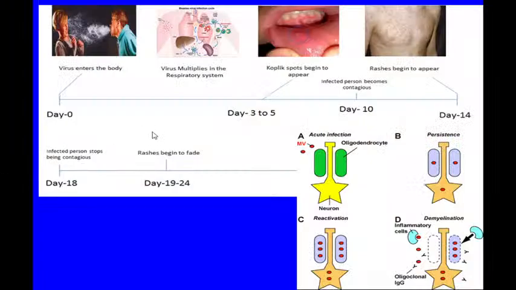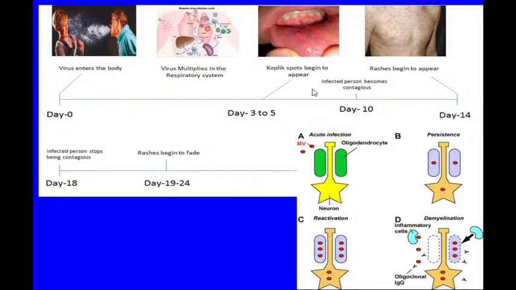And now we take a look at the course of the infection. So the virus enters the body through air droplets. Can you see in this photograph the possibility to inhale these particles. Then the virus multiplies, and as we discussed how it travels in the body, it finally starts multiplying in the upper respiratory tract and the epithelial cells.